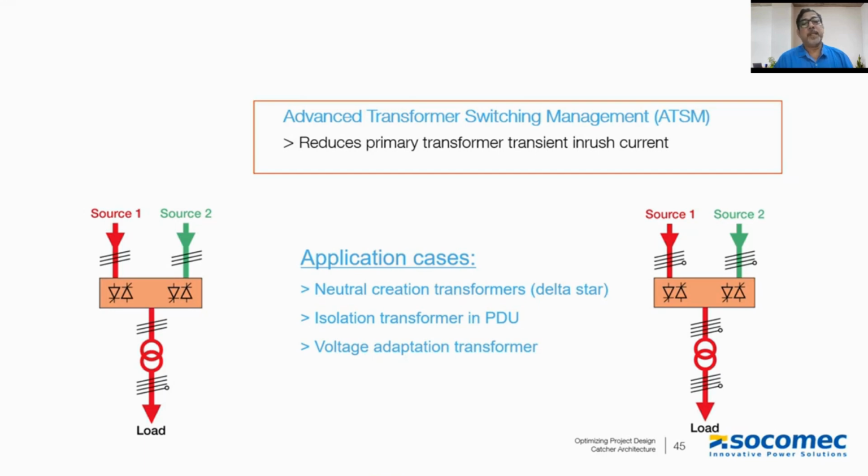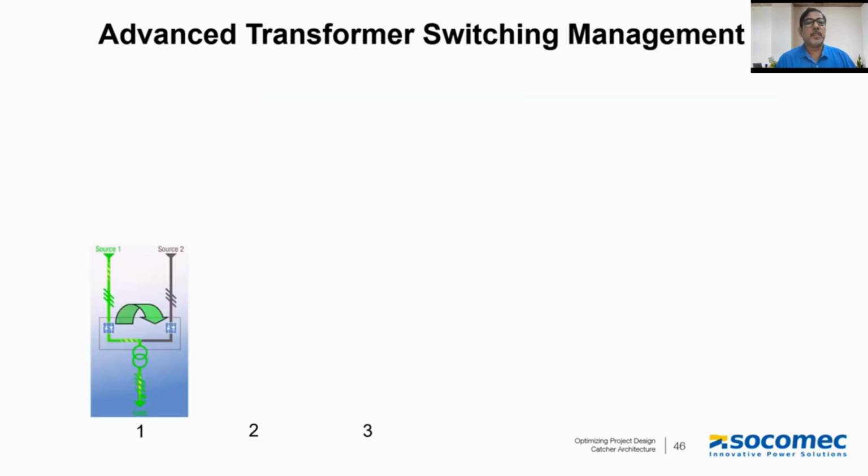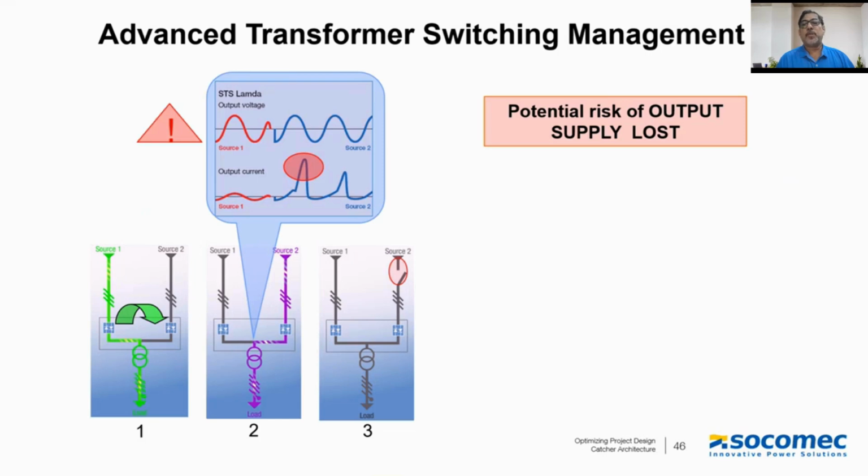This changeover may happen either from UPS to UPS, in a situation where there is no static switch, or from source 1 to source 2. There is a possibility that during such a changeover, because of the residual flux in the transformer, since the changeover happens on a time scale based on the required minimum transfer delay, we ignore the residual flux in the transformer.